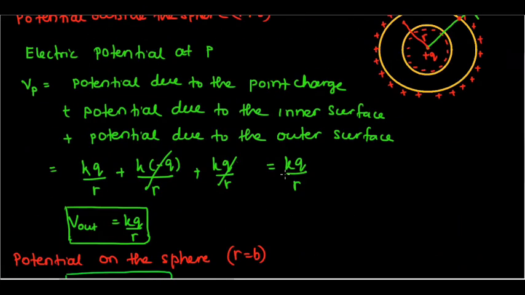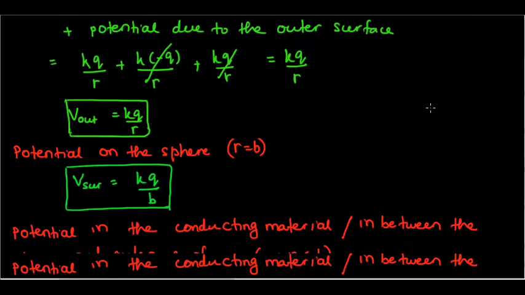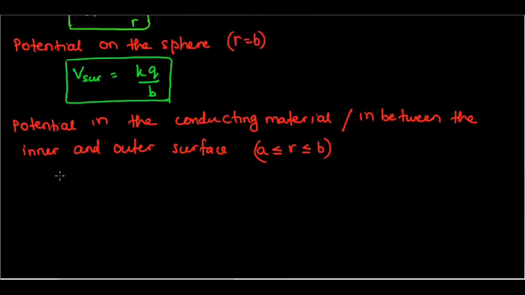Again, if you choose a point P somewhere here in between the inner and the outer surface, then you can see that this point P lies inside this positively charged shell but outside the negatively charged shell. So let us find the potential at the point P due to the 3 charge configuration.